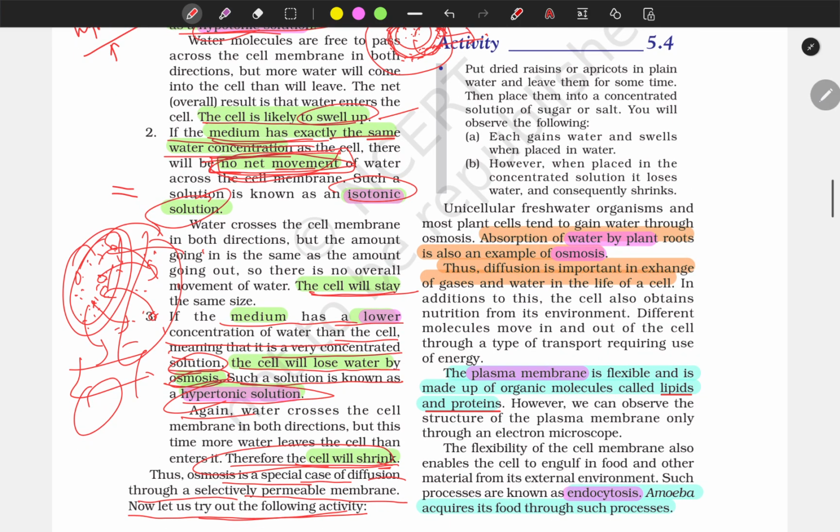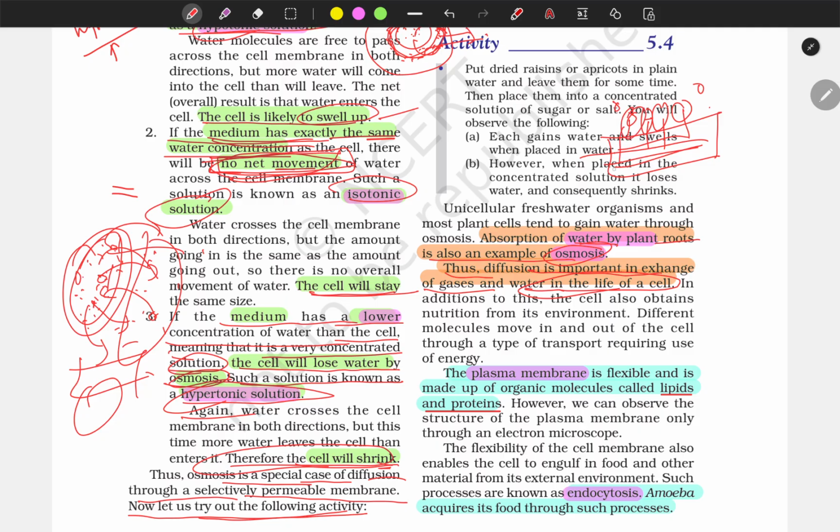Now, absorption of water by plants' roots is also an example of osmosis. Thus, diffusion is important in the exchange of gas and water in the life of a plant. I will tell you one thing: when we breathe, in the alveoli of our lungs there are blood vessels, and they exchange carbon dioxide and oxygen.